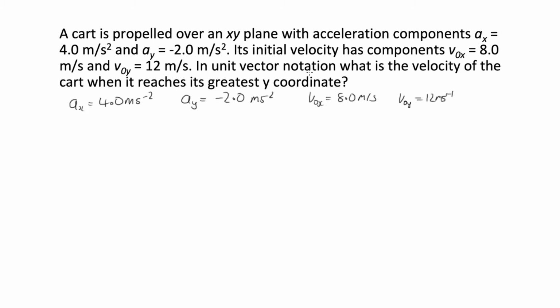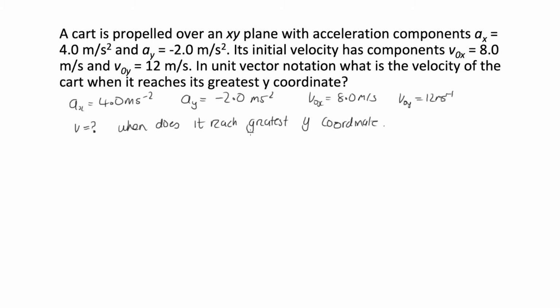And we're asked in unit vector notation, what is the velocity of the cart when it reaches the greatest y coordinate? So we need to find the velocity, but first of all, we will need to find out when does it reach the greatest y coordinate.